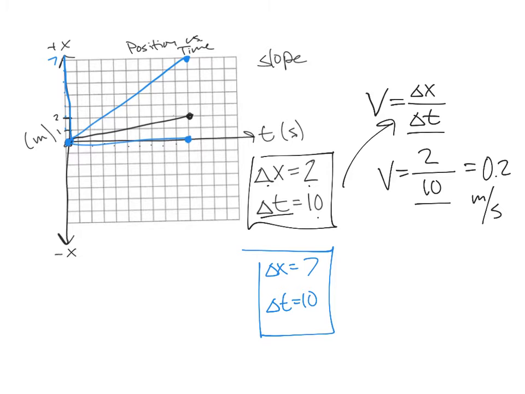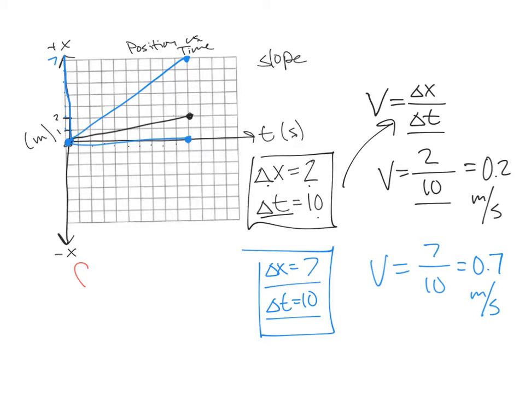Now if I plug that into my velocity equation, I get velocity equals delta x, which is 7, over delta t, which is 10, which equals 0.7 meters per second. So the second one, my blue line, is faster than my black line. And that makes sense because the blue line is steeper than the black one.